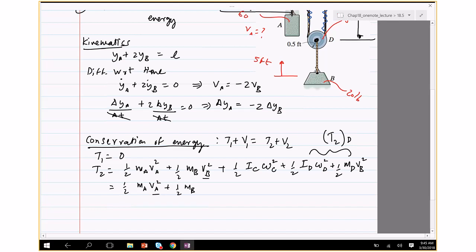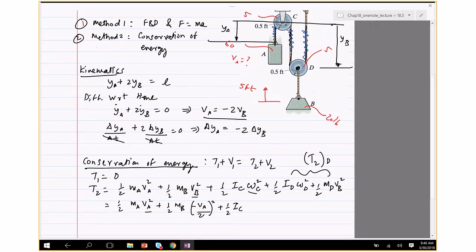I know VB from here, it's VA divided by 2, plus half IC. Omega C is the angular speed of C, which is going to be the velocity of A divided by the radius of pulley C, right?